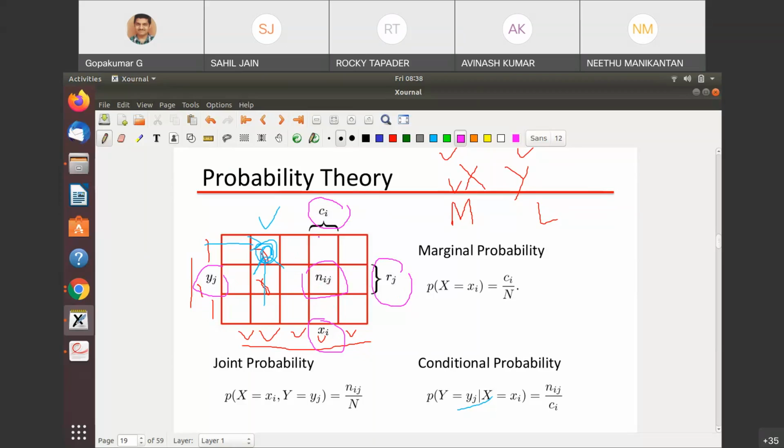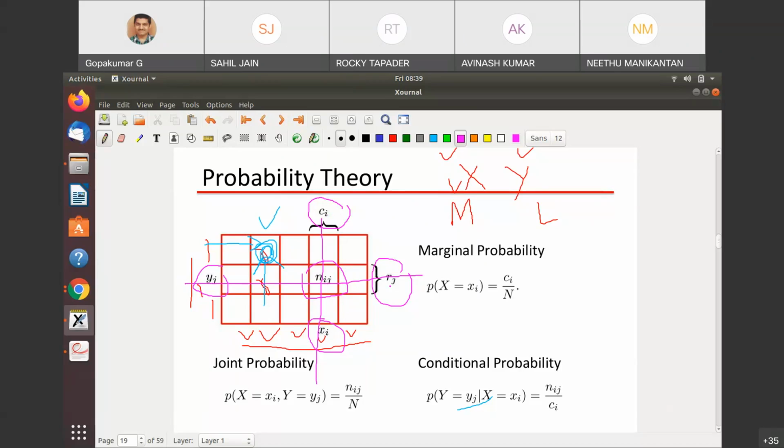That means it is the sum of this column and the sum of this row, corresponding to ci and rj. These are the terms we can define for this situation, considering two random variables, the discrete values they can take, and the fraction of points taking these combinations of values of x and y.